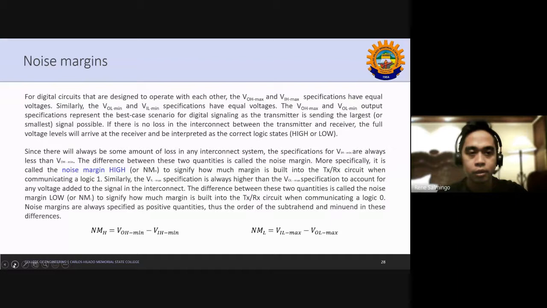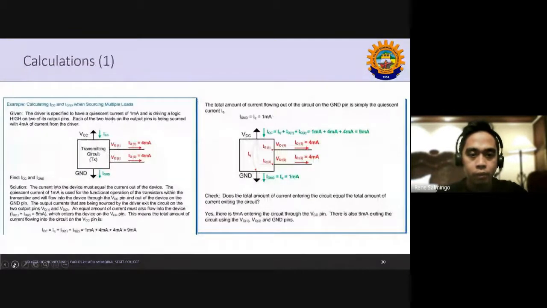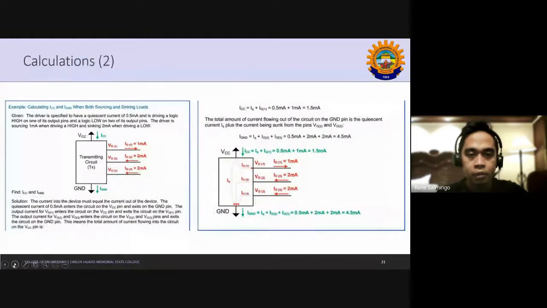And we also discussed noise margins, power supplies, and some of the few calculations in your transmitter circuit.